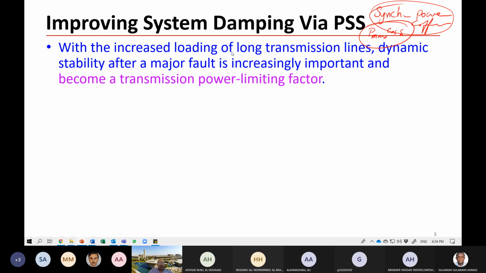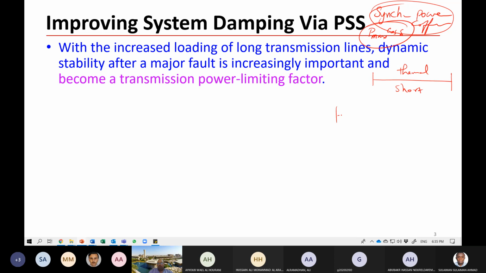So with the increased loading of long transmission lines, dynamic stability after a major fault is increasingly important and has become a transmission power limiting factor. As we mentioned earlier, if you still remember, for a short transmission line, thermal stability is the limit.